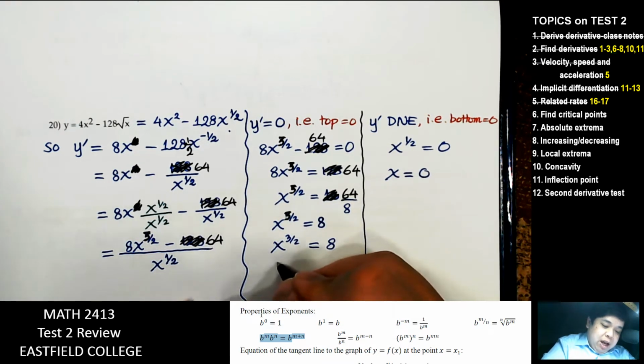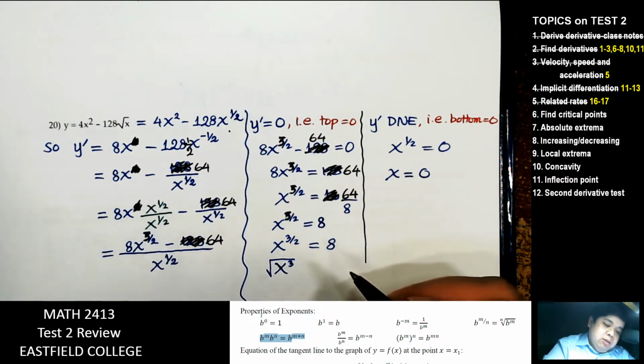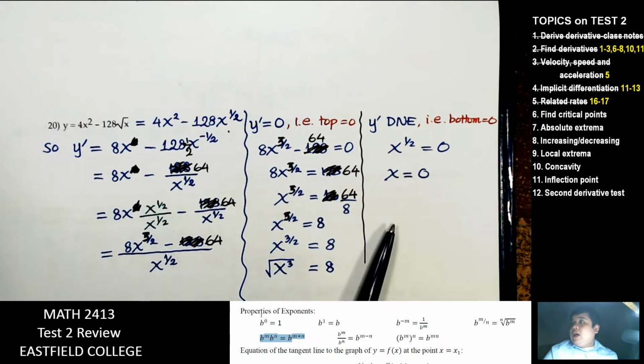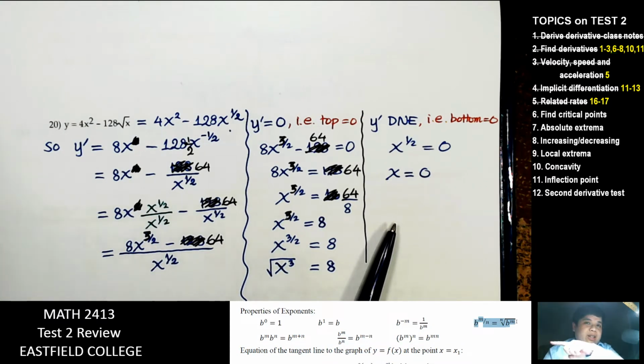I will rewrite as the square root of x cubed equal to 8. That, of course, is this property over there.